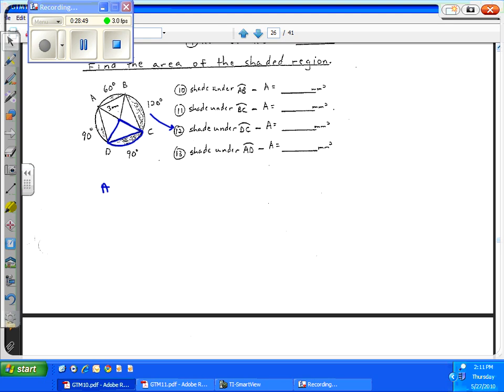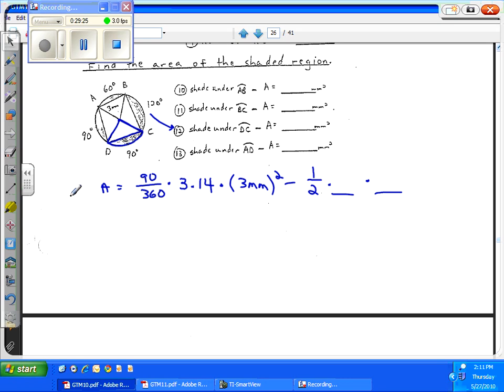The area of the sector is arc over 360, 90 over 360, times pi r squared, because it's a fraction of the area. So times pi, which is 3.14, times the radius, which is 3 millimeters squared. We're going to have to take out the triangle, which is 1/2 its base times its height, and we don't have its base and height.